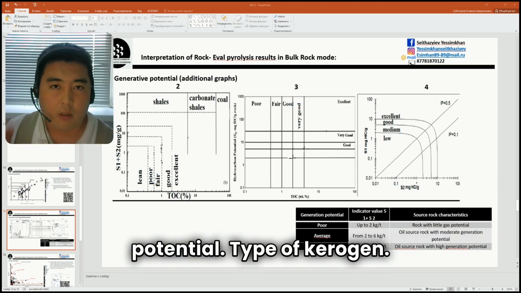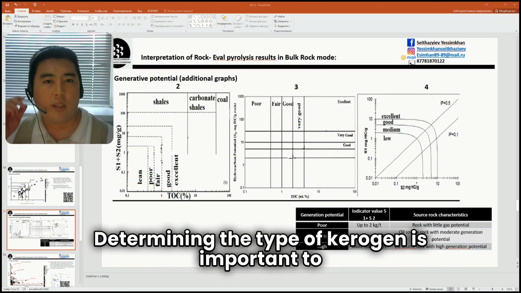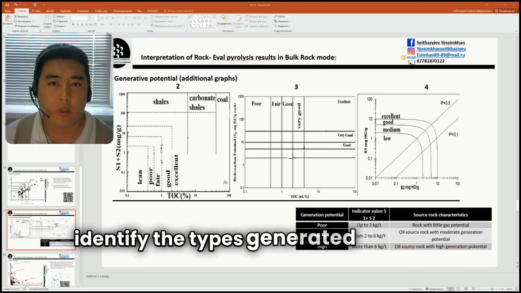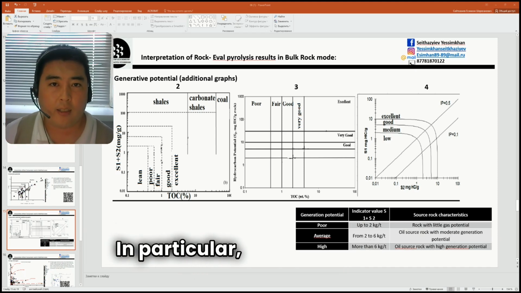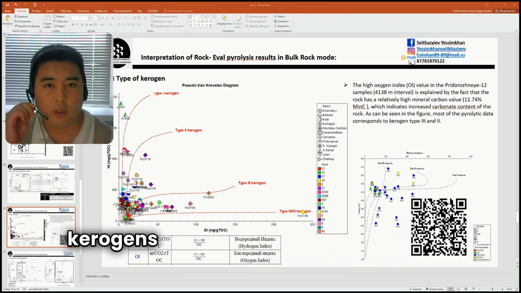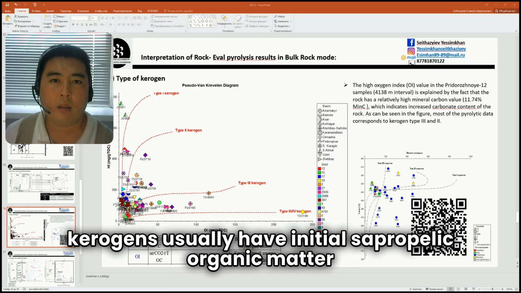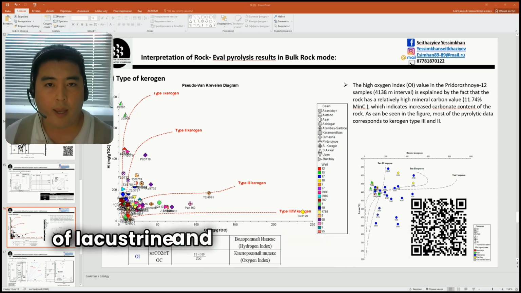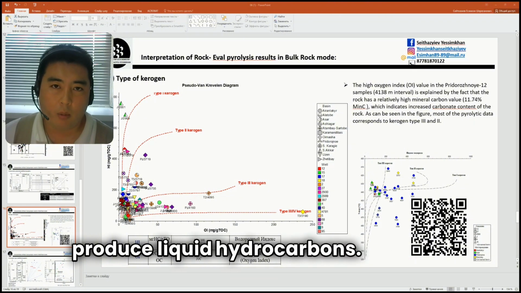Type of kerogen. Determining the type of kerogen is important to identify the types of hydrocarbons generated from rock. In particular, type 1 and type 2 kerogens usually have initial sapropelic organic matter of lacustrine and marine source and mainly produce liquid hydrocarbons.